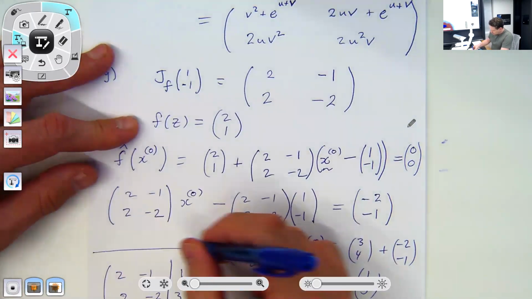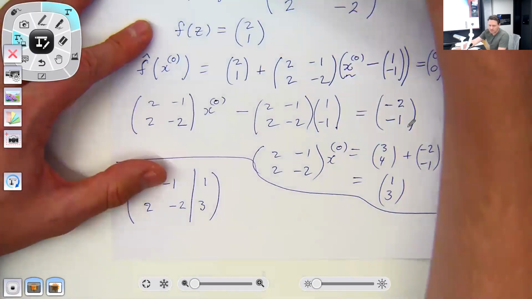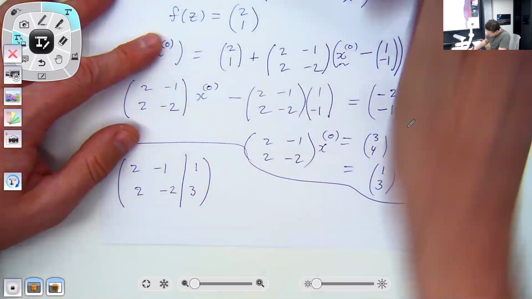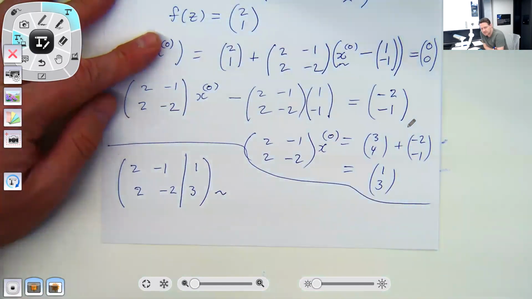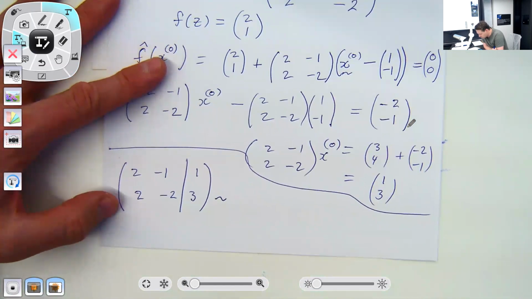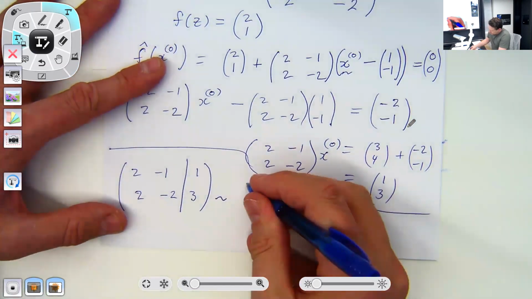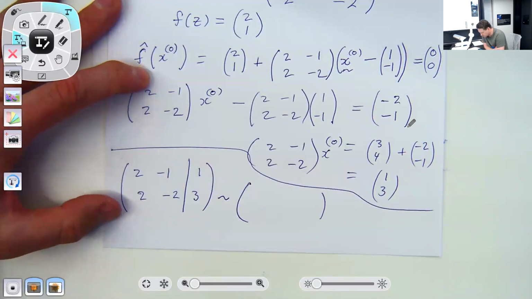Now, I want to just separate that, so I'll draw a line, and then I'll move this up so everyone can see. All right, so applying row reduction to this, I want to subtract row 1 and row 2 from each other, but I want that to be in the second row. Now I'll go for a positive number in the bottom entry. So let's go row 1 minus row 2.